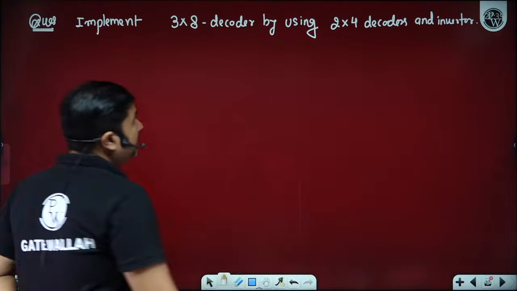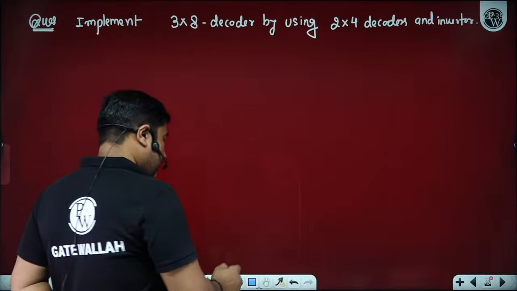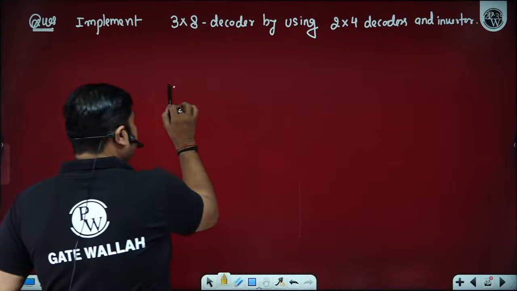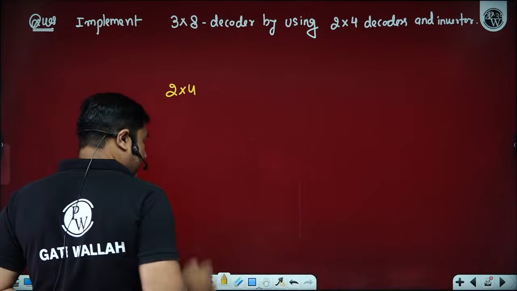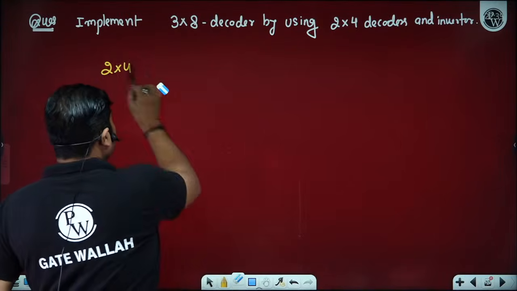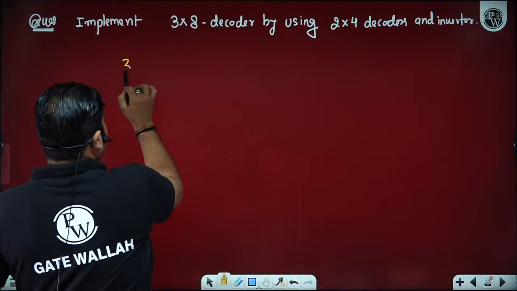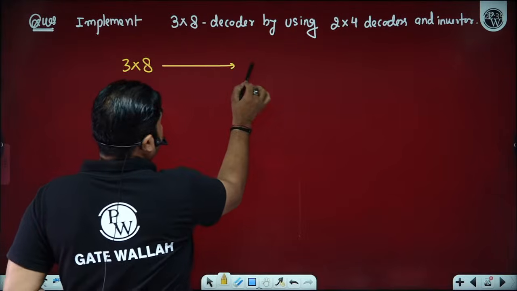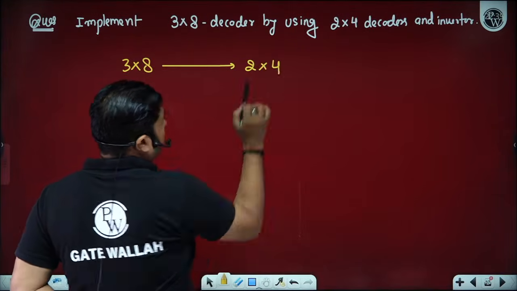So how to implement a 3x8 by using 2x4? Please observe, beta ji. We have to implement 3x8 by using 2x4. Is it okay?